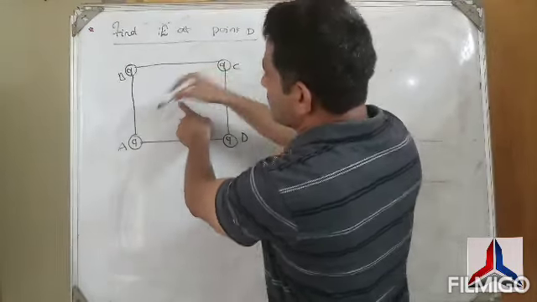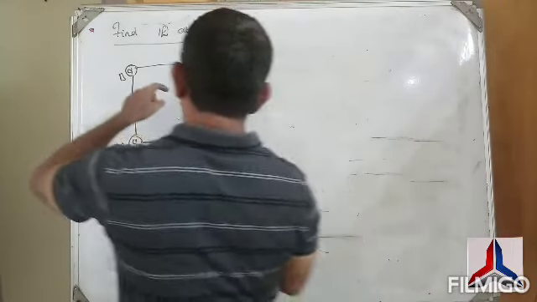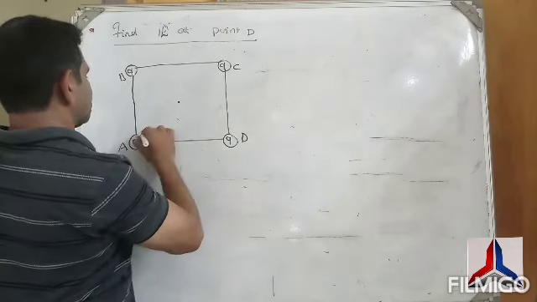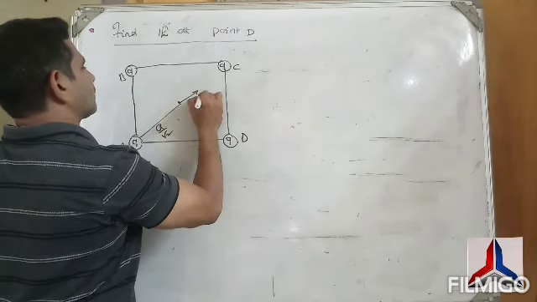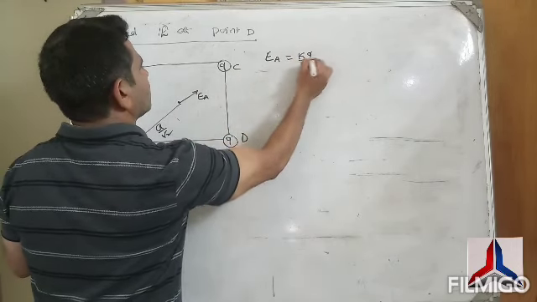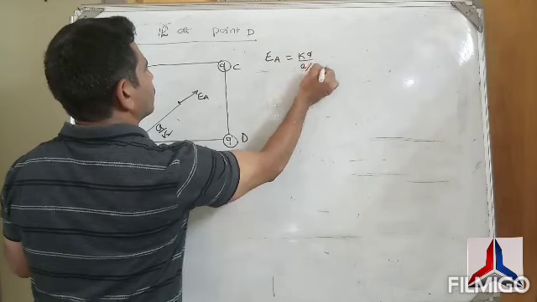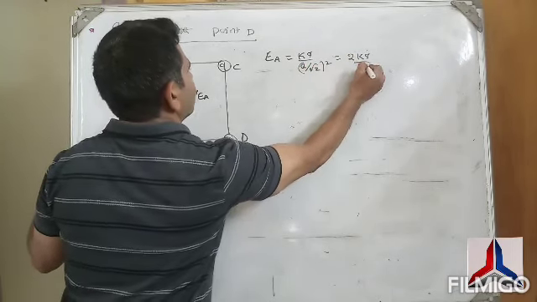Why? Because each charge has a distance, A by root 2. So EA is how much? KQ by (A by root 2) whole square. That value is 2KQ by A square.